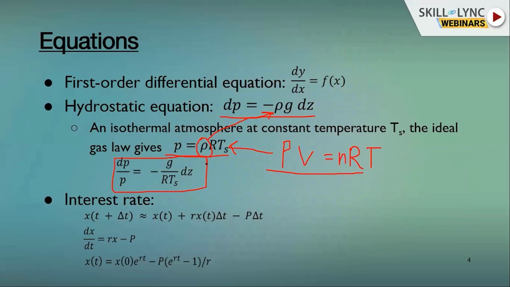This is the beautiful equation with which you can calculate the pressure according to the altitude, and due to this pressure difference only, you feel a disturbance around your ear. So if you solve this, you can get the pressure.